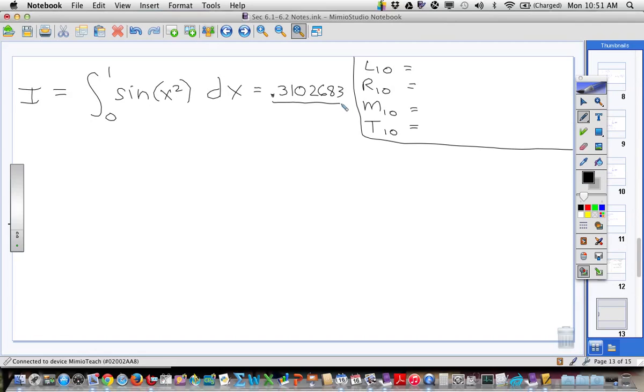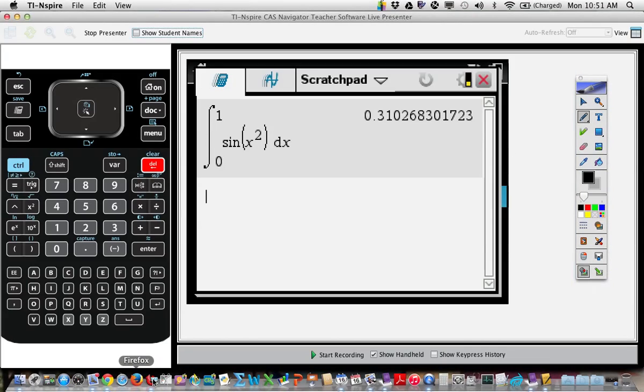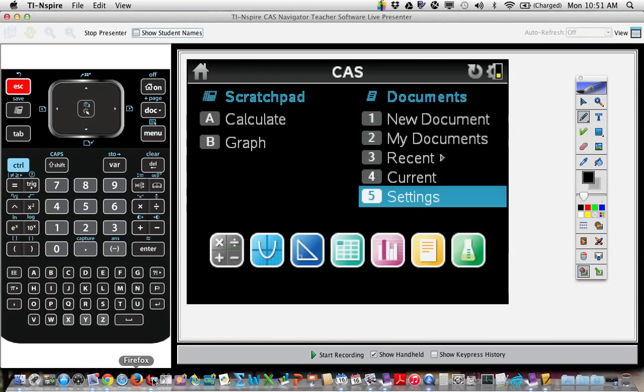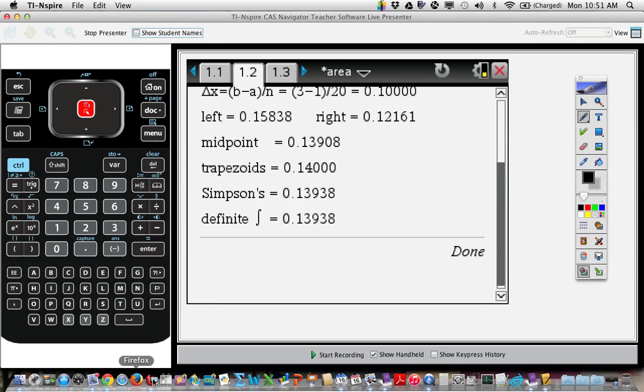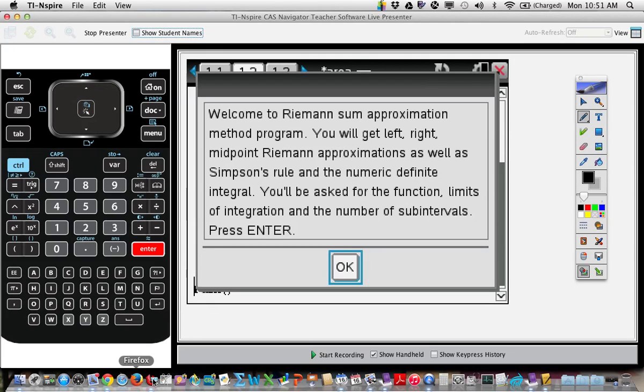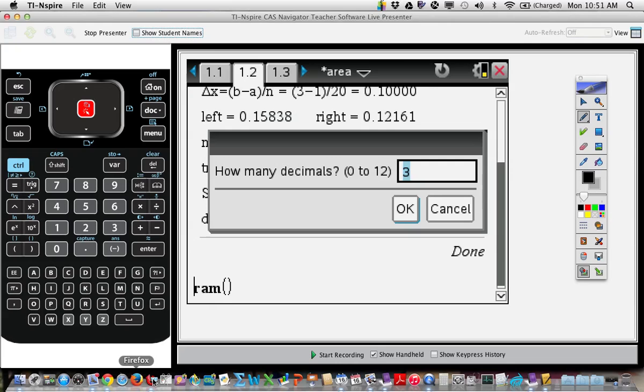So everybody go to your area programs now. Let's make sure we all remember how to do this, because you might need to do it on the quiz at some point. So we go into our documents. It was in the My Library, My Lib, called Area. To run it, you might just have to hit enter. If you just hit enter every time, it runs the program.